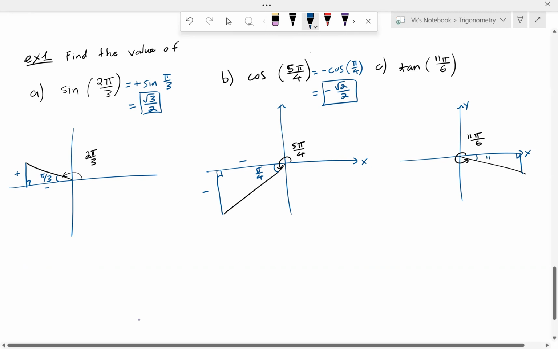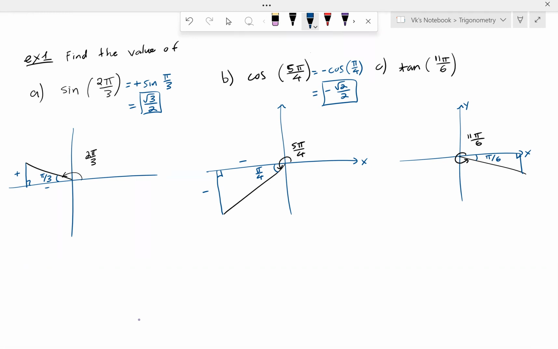This angle is pi over 6. Well, in the fourth quadrant, adjacent is positive, but opposite is negative. What this means is tangent of 11 pi over 6 is negative of tangent pi over 6. So that'll be minus, well, we know tangent of pi over 6, which is root 3 over 3.